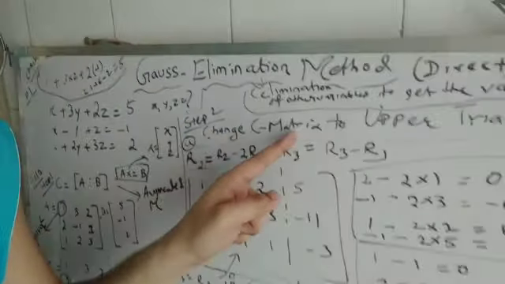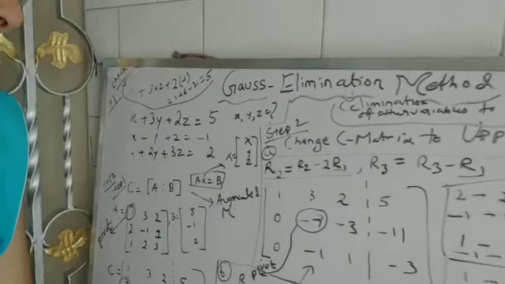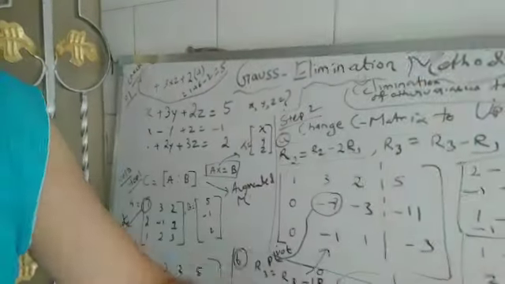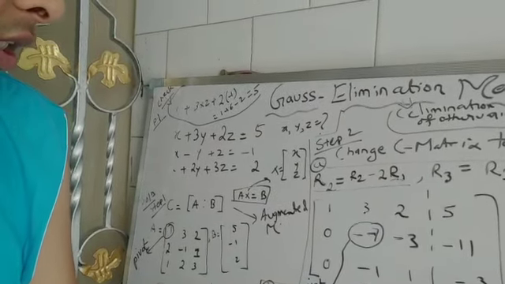So the next step is to change the C matrix to upper triangular form. Upper triangular means, as I told you, the elements under the diagonal elements should be 0.